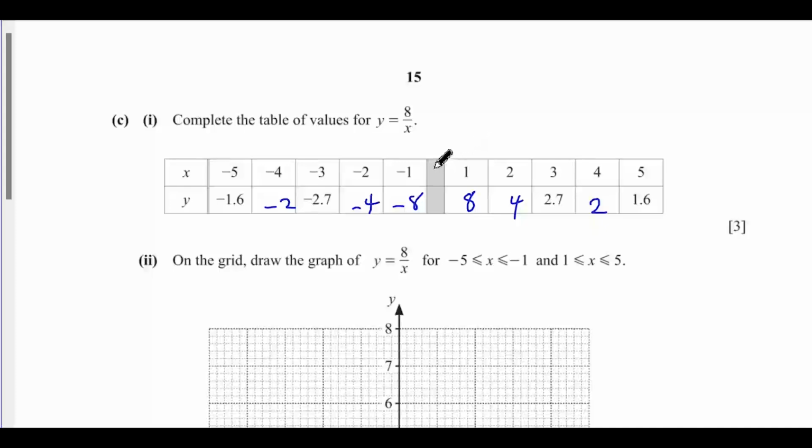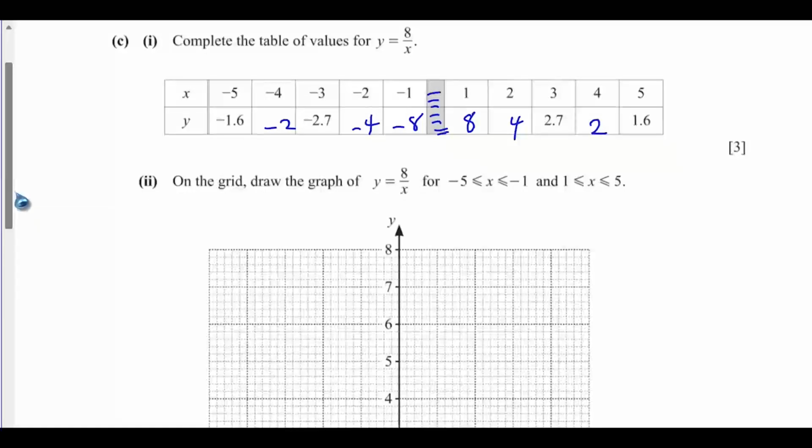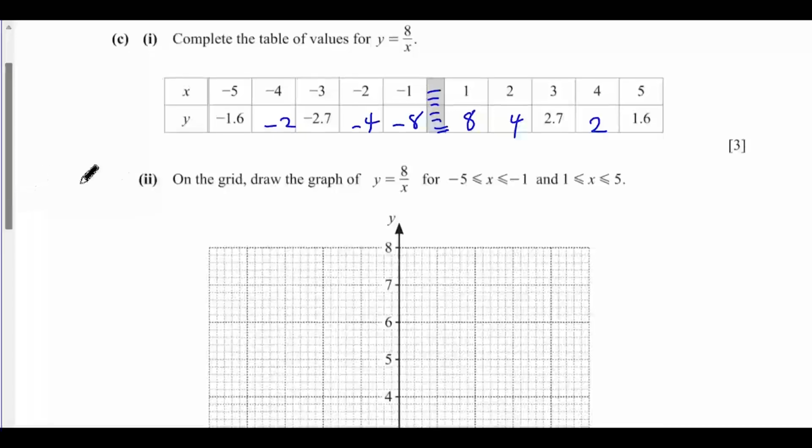If you look at this, that means there is a break. We are going to have 2 curves, one for this and one for this, and they do not intersect. That is the meaning of this space you have here. Roman figure 2, on the grid, draw the graph of y equals 8 over x for the given ranges, that is this and this.